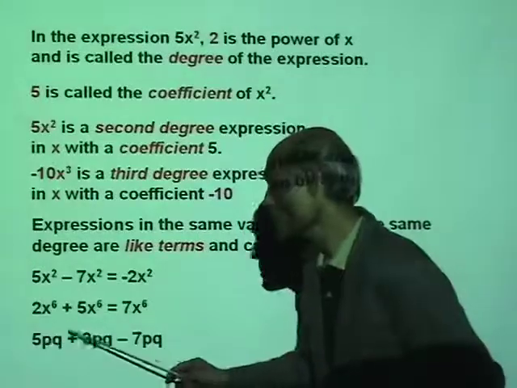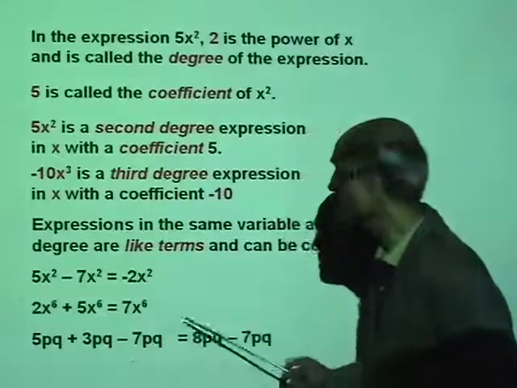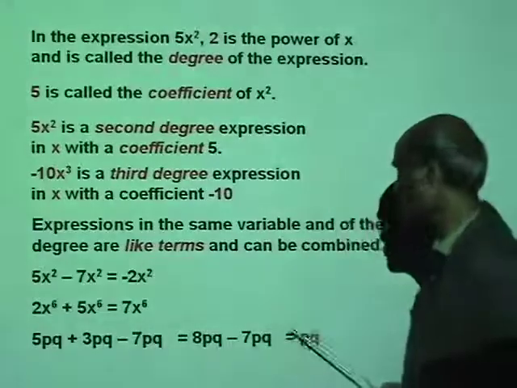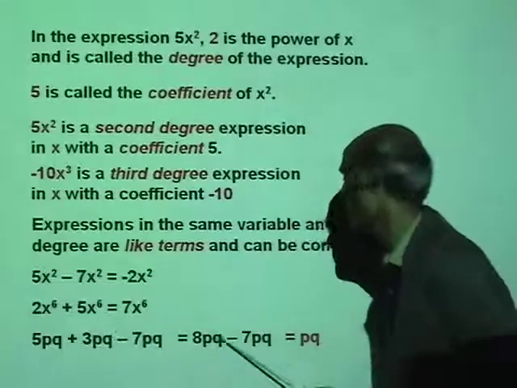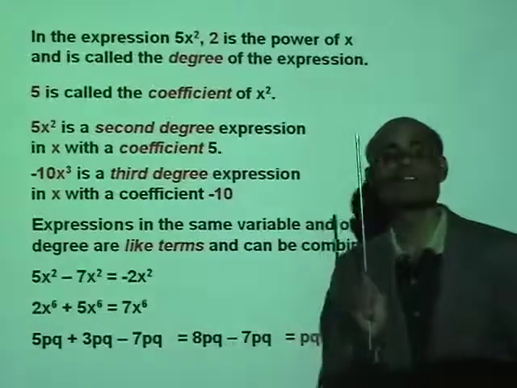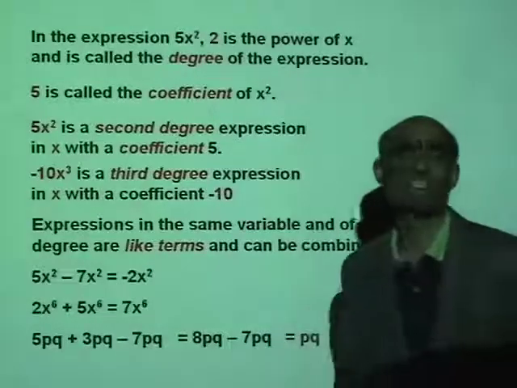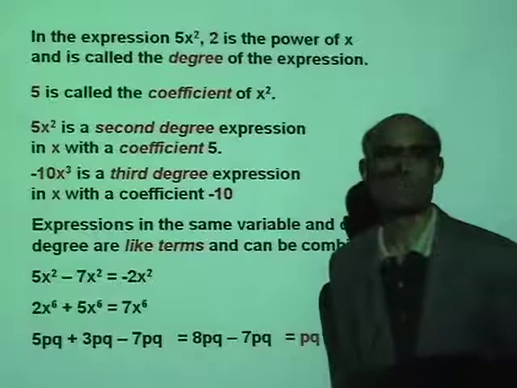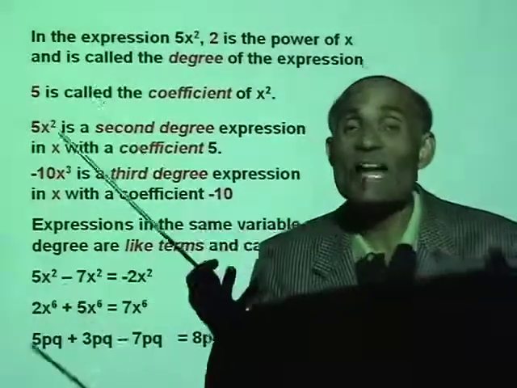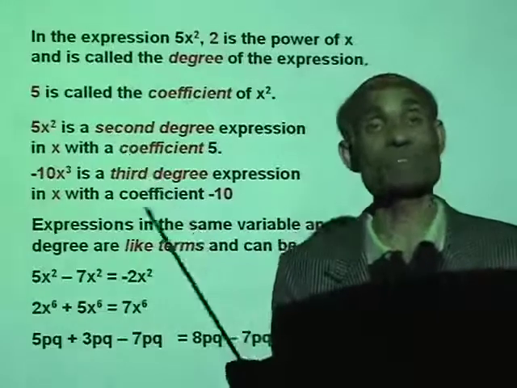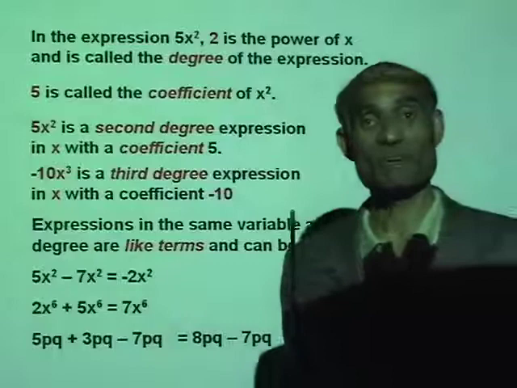So 5pq plus 3pq minus 7pq is just 1pq. We don't write that 1. We simply say equal to pq. Alright, so now you know how to combine like terms. Very important in simplifying algebraic expressions.